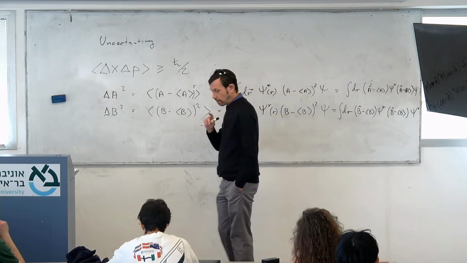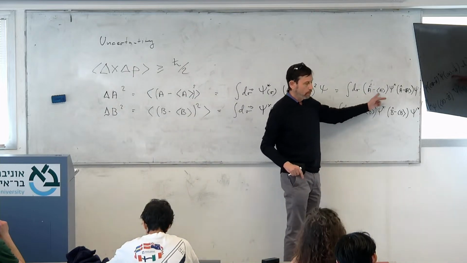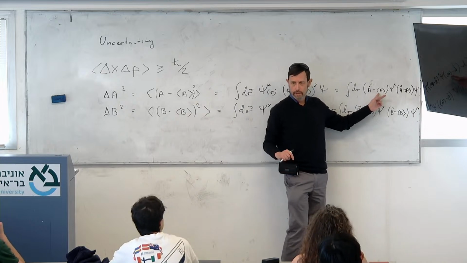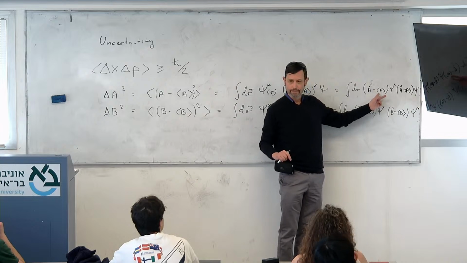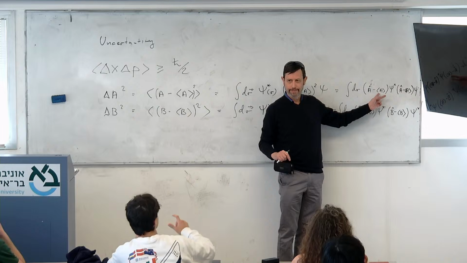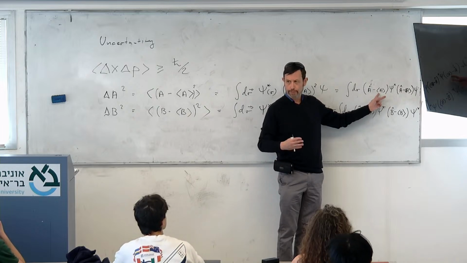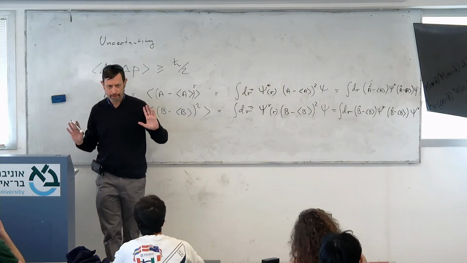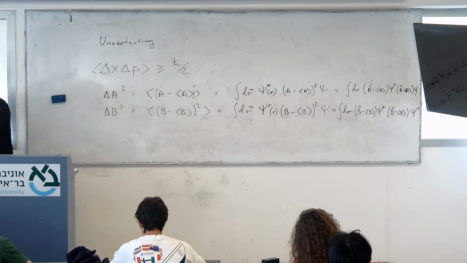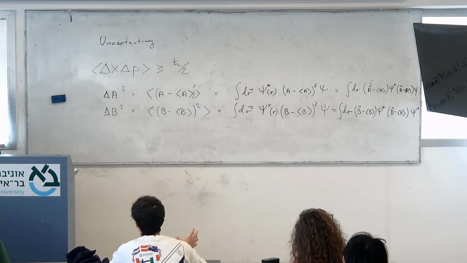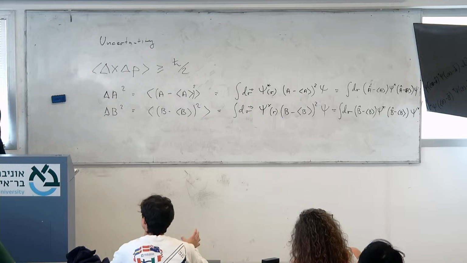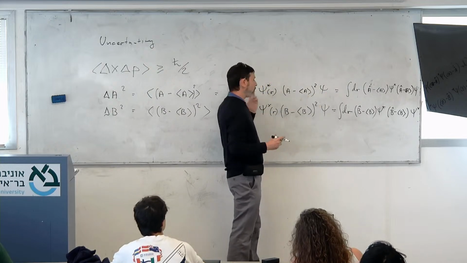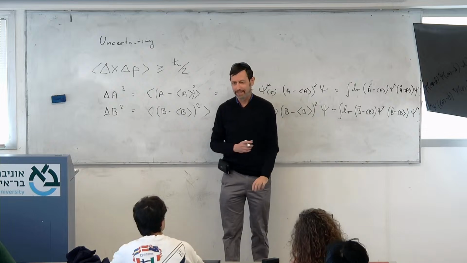Just to be sure that we are all on the same page. What is this? Expectation value for the same waveform. You're consistent. You're using the same. This is an operator. The entire thing is a number. It's a result of a measurement.